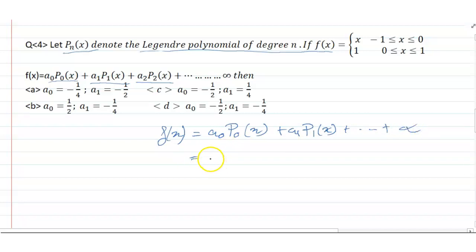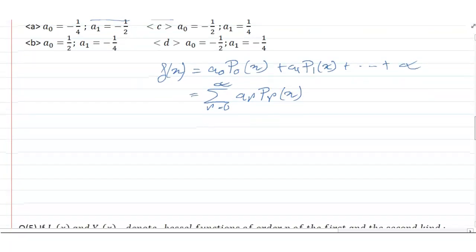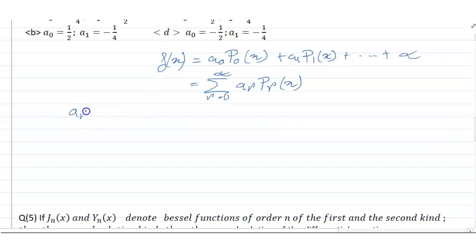It can be written this way: summation r equals to 0 to infinity ar prx. Now ar equals to r plus half integral from minus 1 to 1 fx into prx dx. This is the formula, friends. We know this formula.